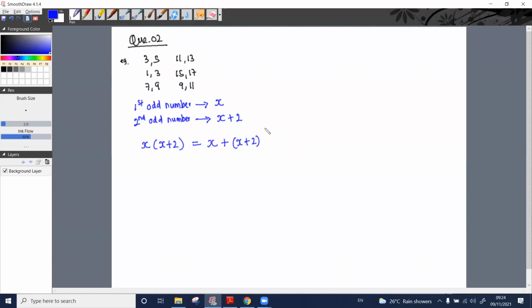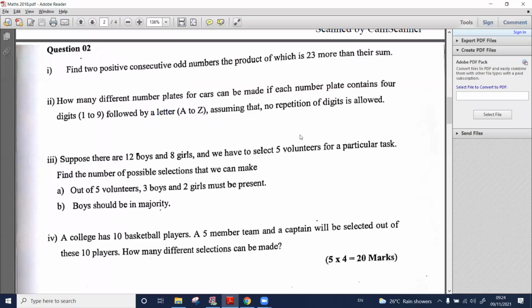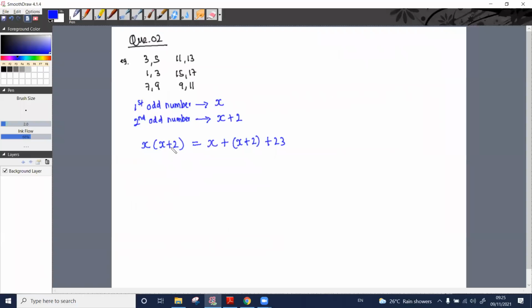So this is the equation that we need to work on.